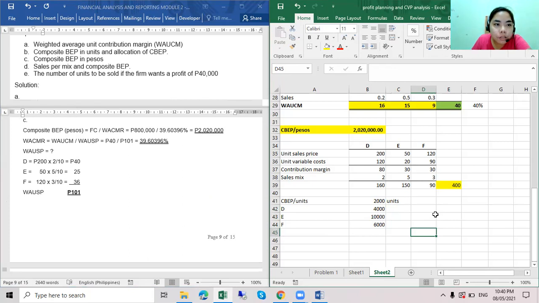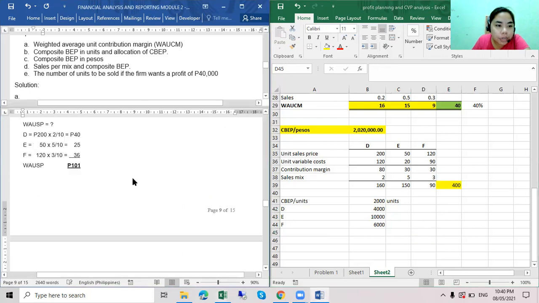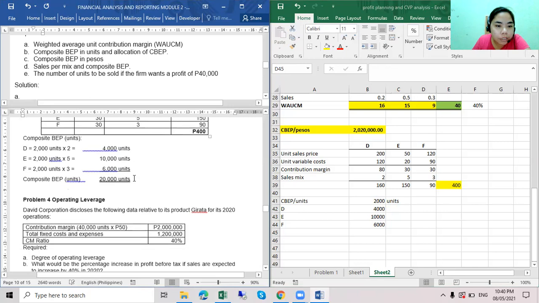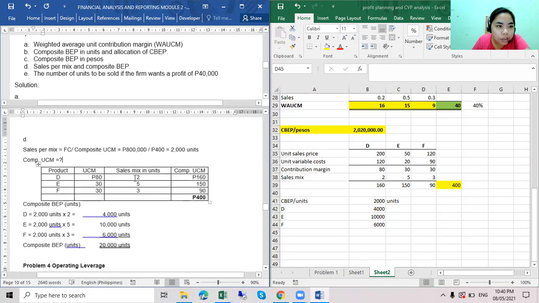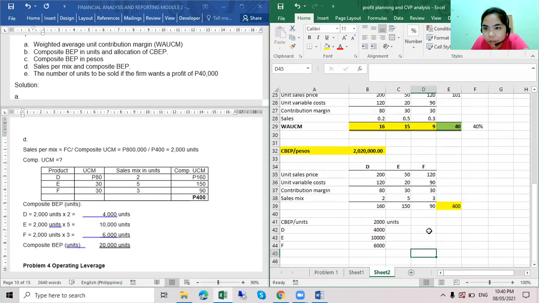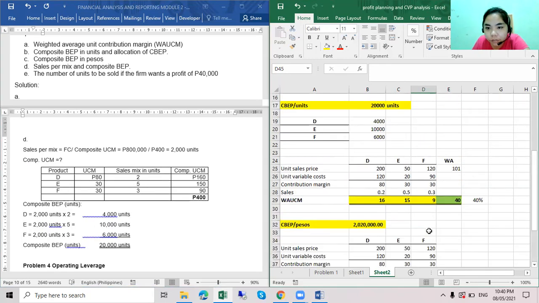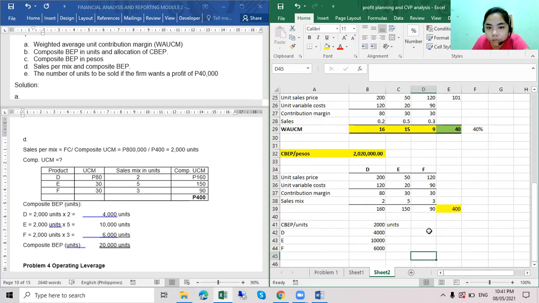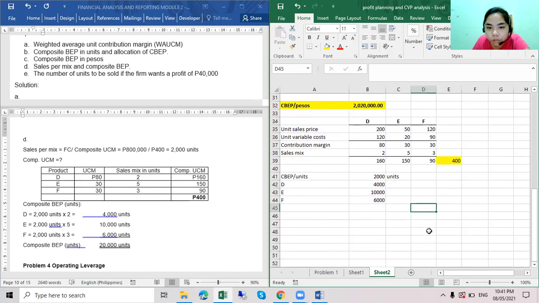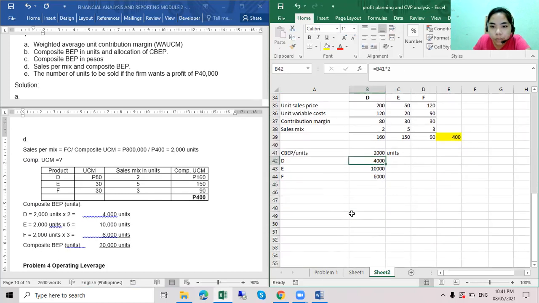If the firm wants a profit of 40,000, how much is its sales? So no answer was put there. Okay, this is not in the class.